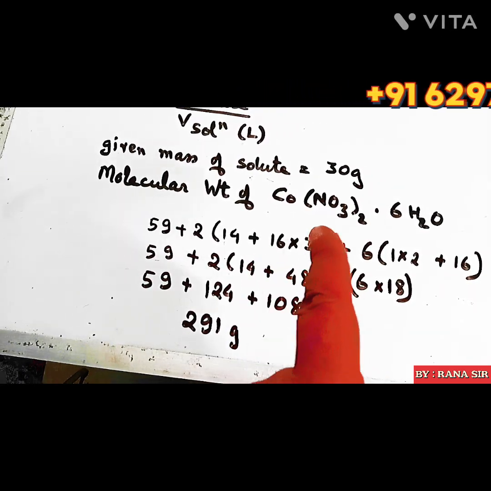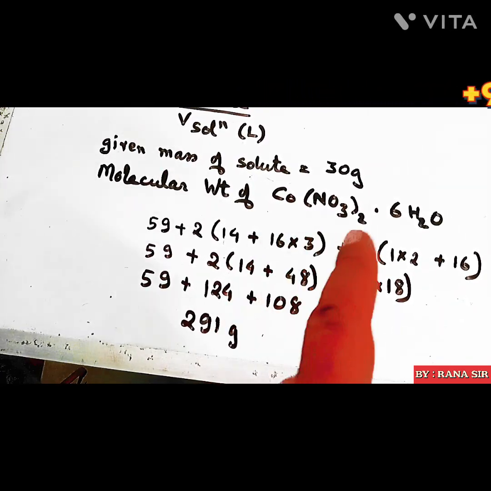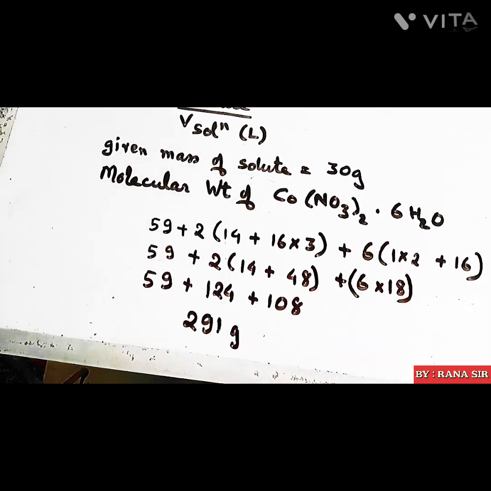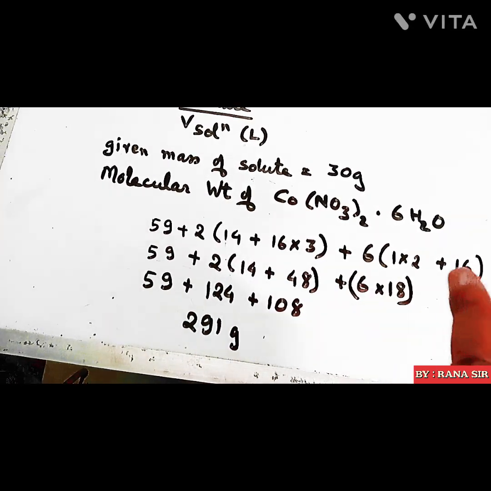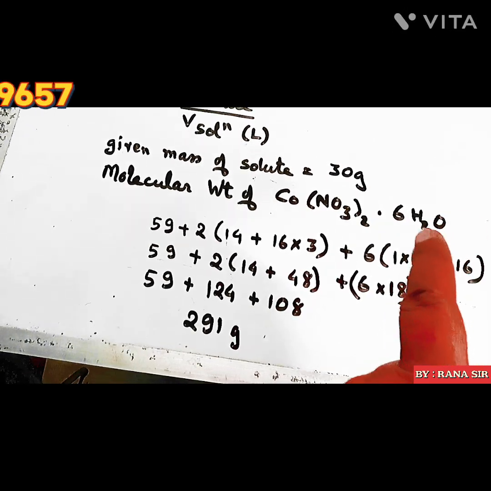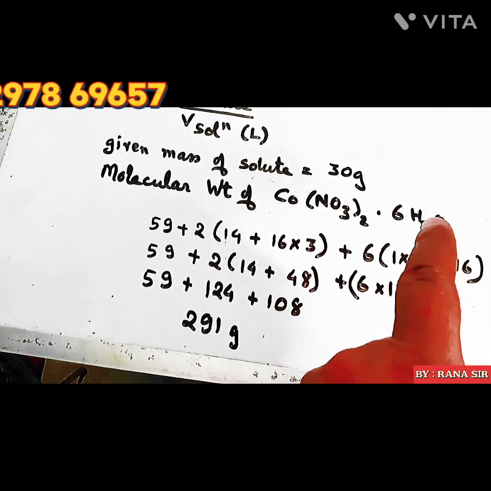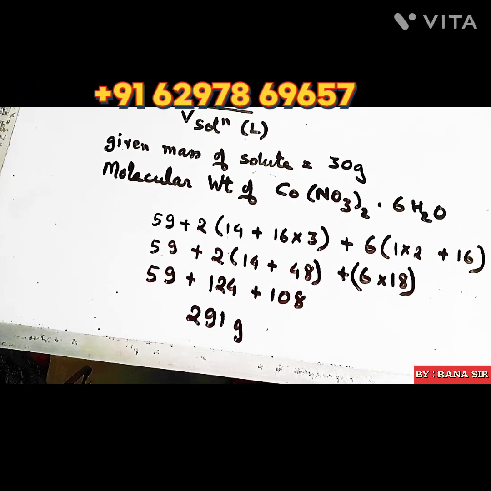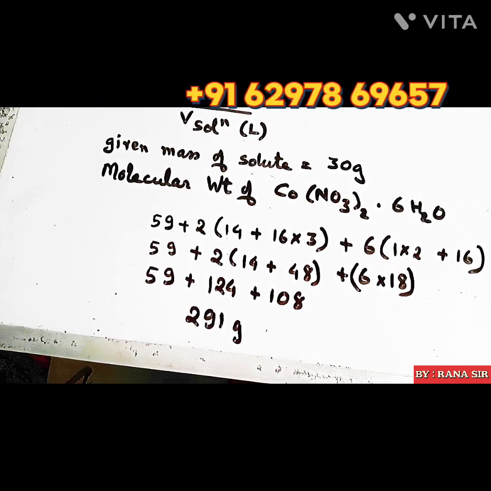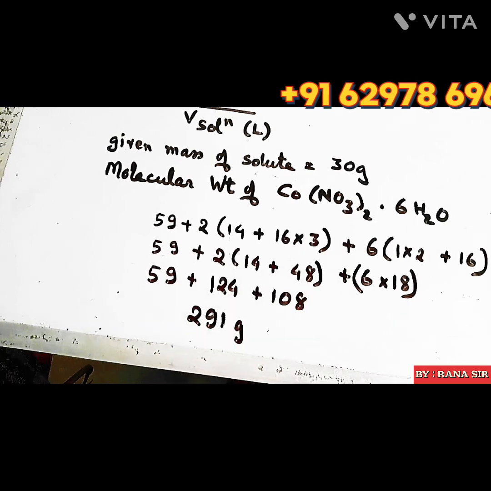And this entire term will be multiplied by 2. So 2 into 14 plus 16 into 3, plus 6 should be multiplied with the molecular weight of water. What is the molecular weight of water? 1 into 2 plus 16. That is 6 into 18.